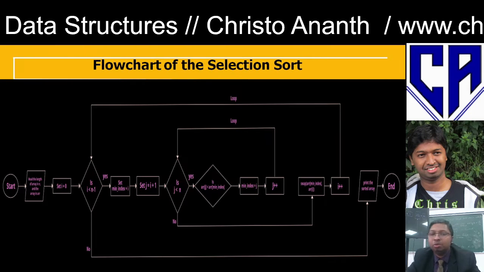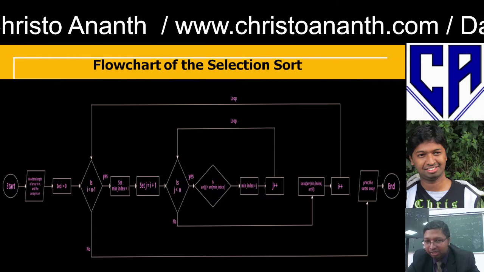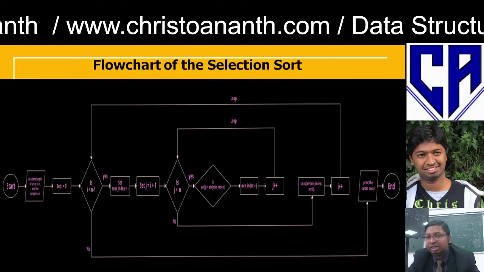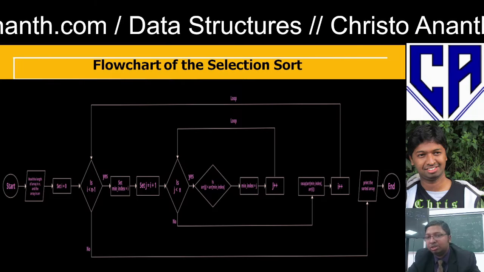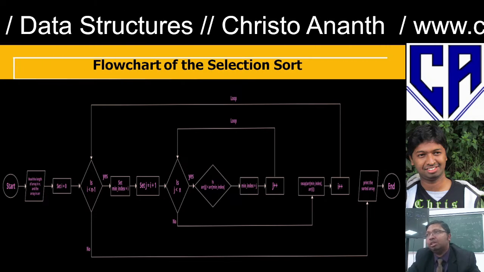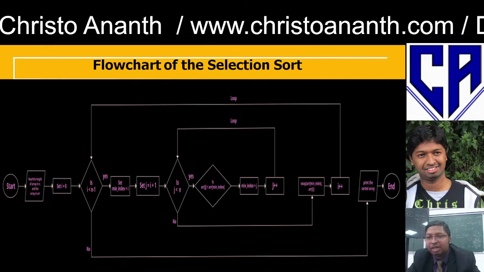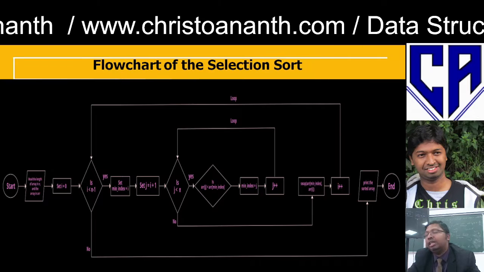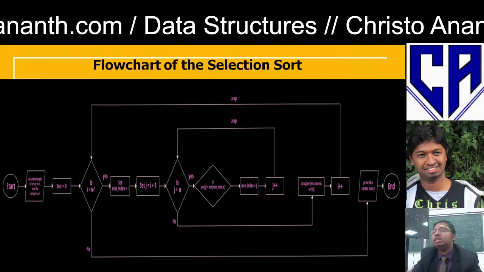Within the inner loop, you check if j is less than n. Again, if yes, then if array[j] is less than array[minimum index], you set the minimum index equal to j and you post-increment it, j++. Then you swap array[minimum index] and array[i]. Then in the outer loop, you have i++. And you print the sorted array.